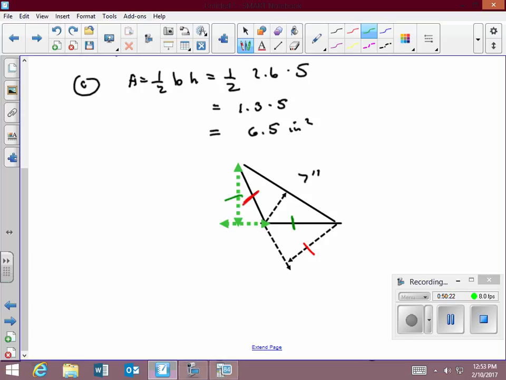How can I show it? See, just logic, if you used this as a height and the sum of these two as the base, right?